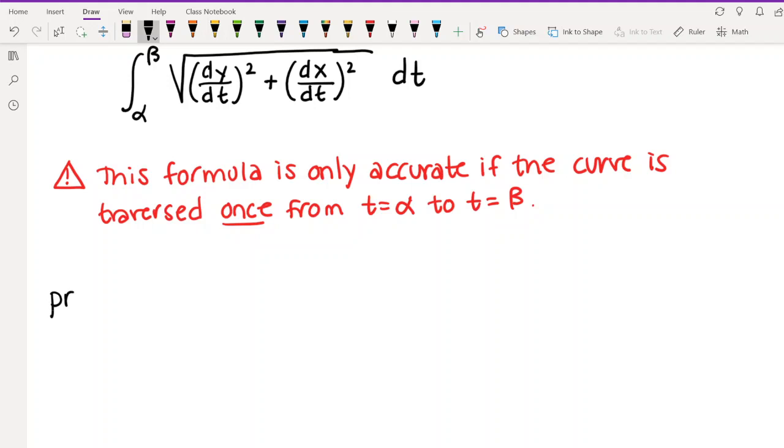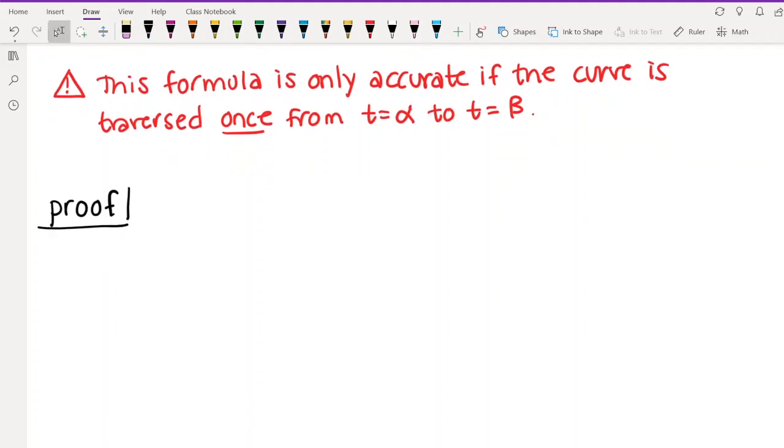It basically just comes from the other arc length formula we have, right? So we know the formula for an arc length, if you have, let's say, y as a function of x, it could be x as a function of y. Let's assume that we have y as a function of x. So we saw that the normal arc length formula would be the integral from a to b of the square root of 1 plus (dy/dx) squared, dx.